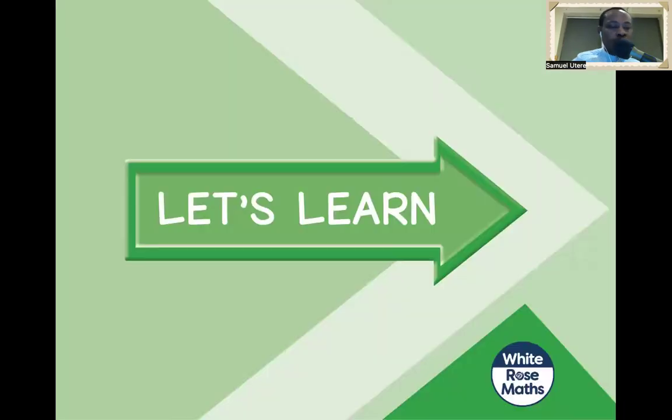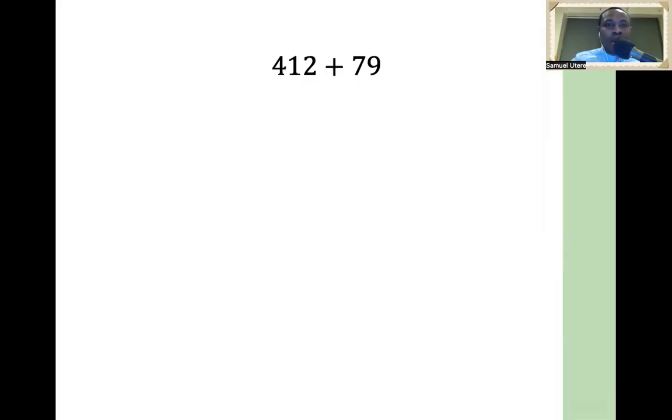Let's do some new learning for this lesson. If you're asked to work out 412 plus 79, what mental strategy would you use? How would you go about this? Well, we could use estimation to check our calculation.